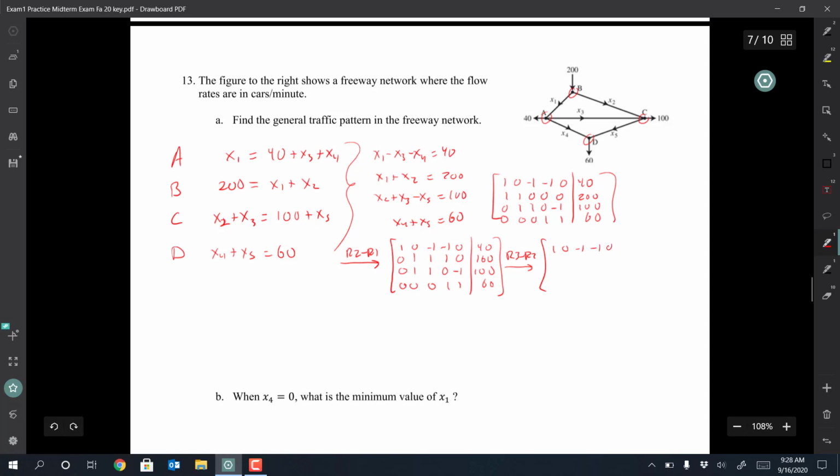This problem is really just bookkeeping here once we get to this stage, doing the row reduction. Row 1 and 2 stay the same. Row 3 becomes 0, 0, negative 1, negative 1, and then 100 minus 160 is minus 60. And then we'll go to the last one.